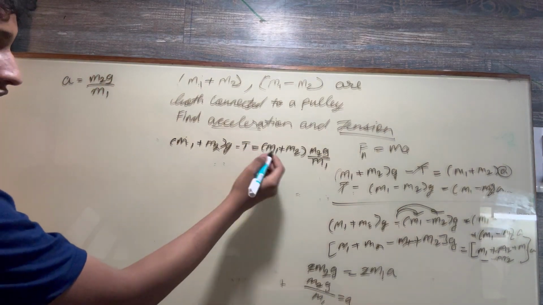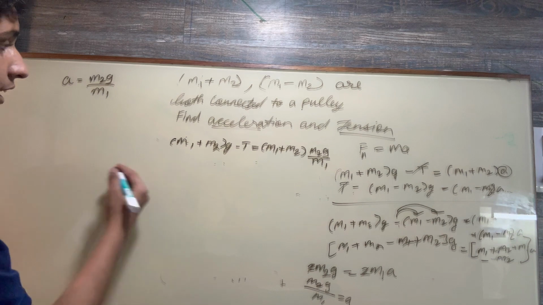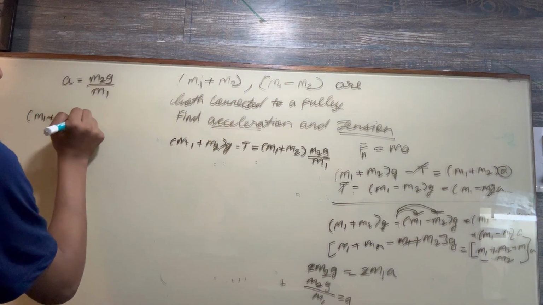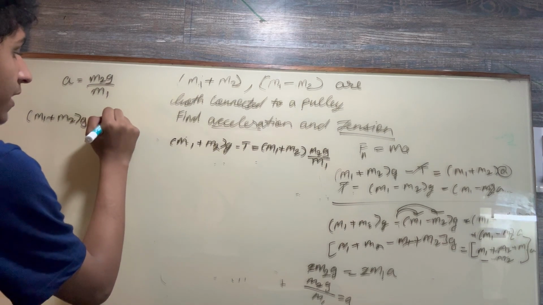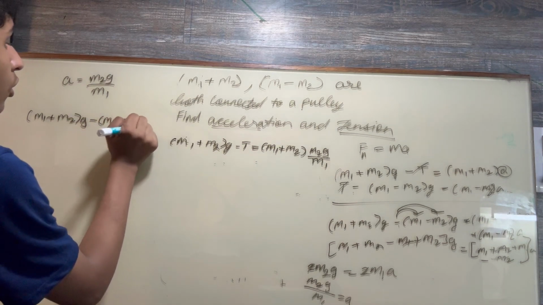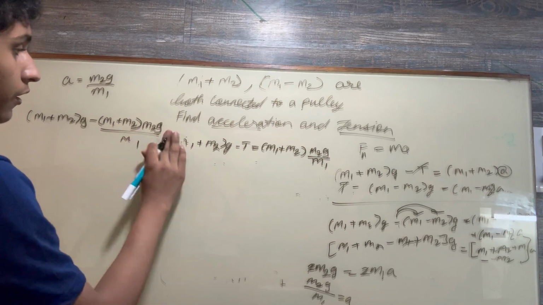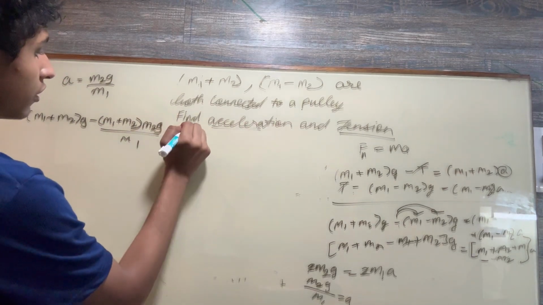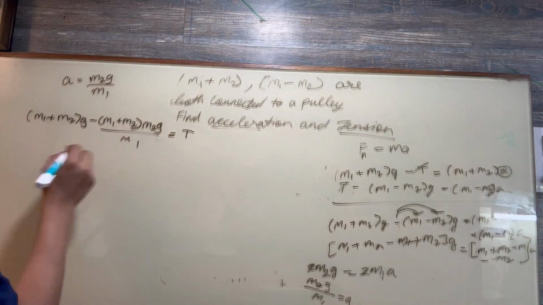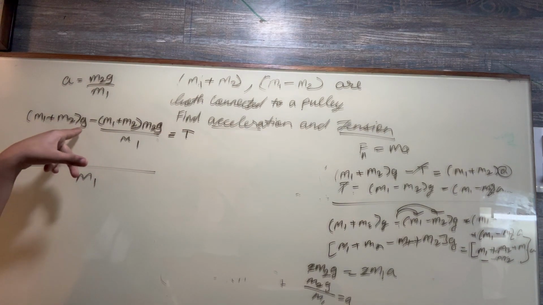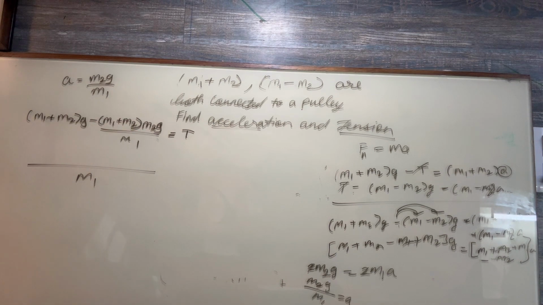So here now we will substitute, bring this here, and take tension to the RHS. So we will get (m1 + m2)g − (m1 + m2) × (m2g/m1) is equal to tension. Now we can take m1 as the denominator, and (m1 + m2)g will be common, right?